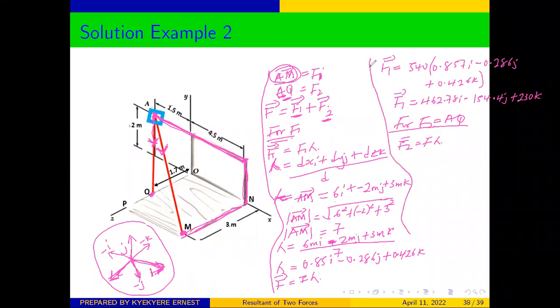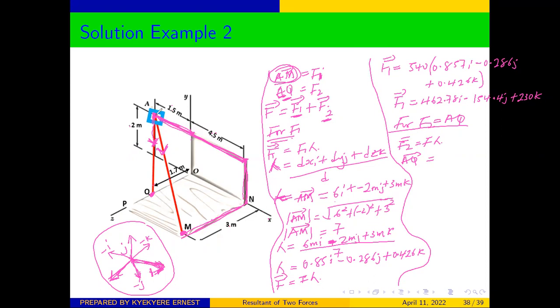So our vector AQ will be equal to, if you want to move from A to Q, we move from this point to this point like this, but look at the direction. It is in line with our unit vector for i. We are moving in the same direction with our i. If you are moving in this direction, it's going to be positive.